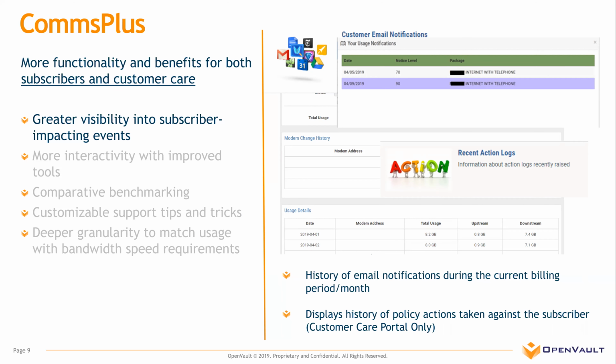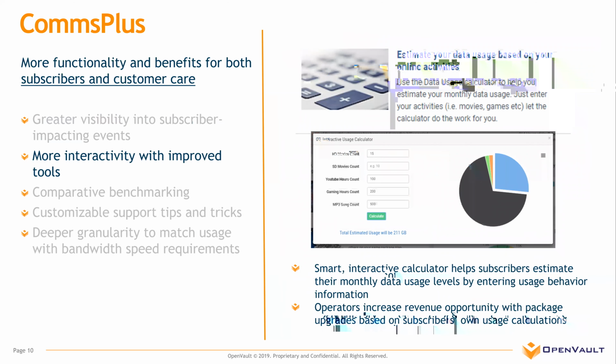So moving on to more interactivity with these tools. Those of you that use the current subscriber usage meter know that we do some basic math around, if you use 200 gigabytes, here's what it equates to in terms of high def movies, etc. But it really doesn't hone in on what the individual subscriber's usage behavior is.